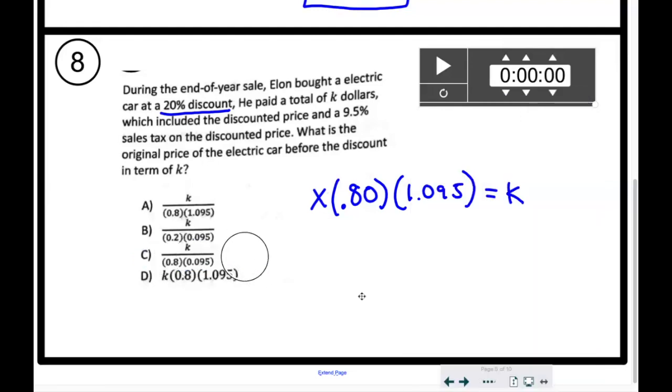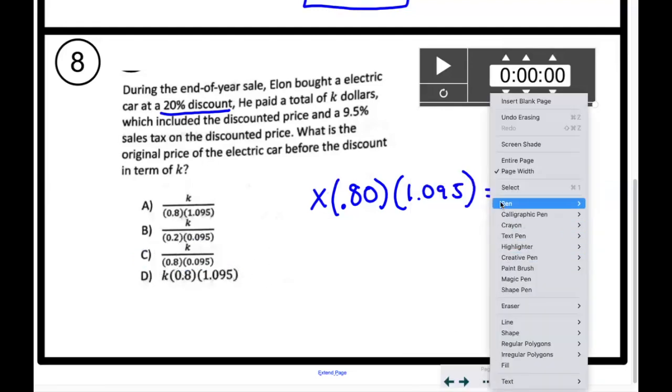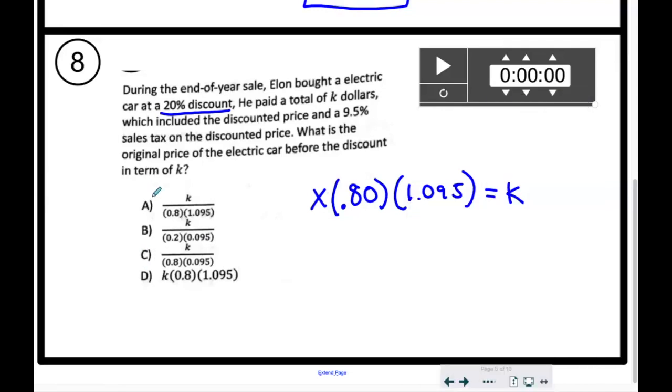So if you understand that, then there's a bit of a quicker way to do it. Just realizing that a 20% discount is related to 0.8 and the sales tax is related to 1.095. That eliminates B and C right away because the 0.2 is wrong and the 0.095 is wrong.